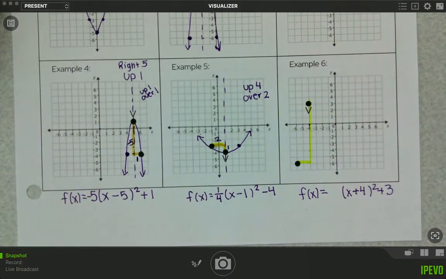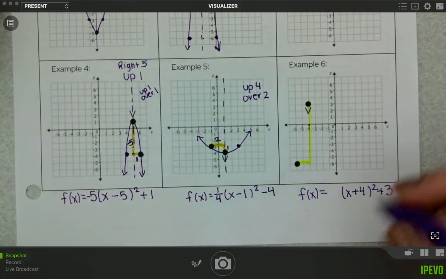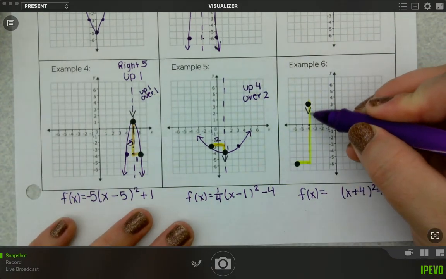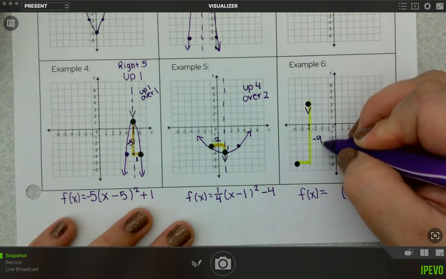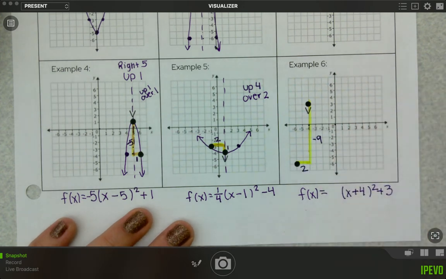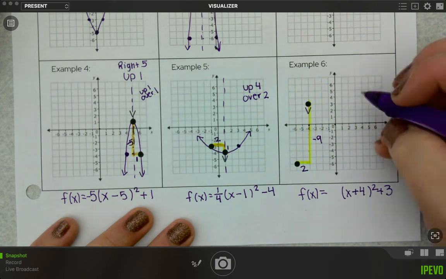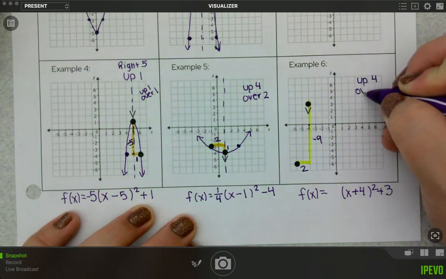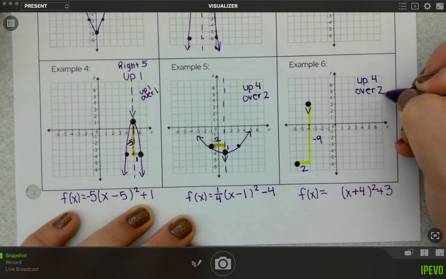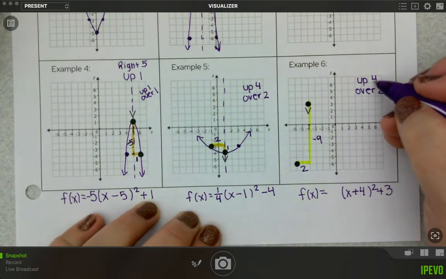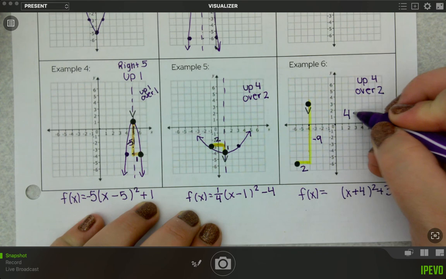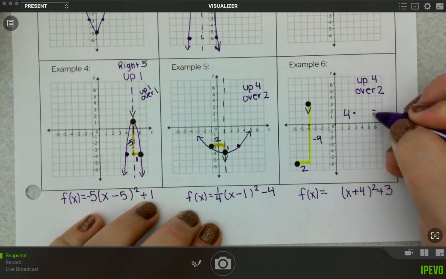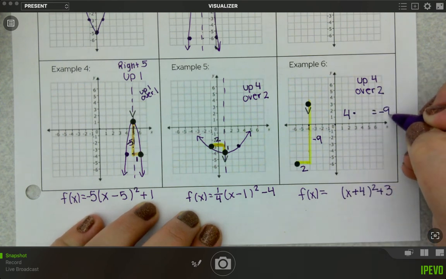So no matter what, this number out front is going to have to be a negative. And it's going down 9 and over 2. It's supposed to go, like the last one, up 4 over 2. So we need to figure out 4 times what equals negative 9.